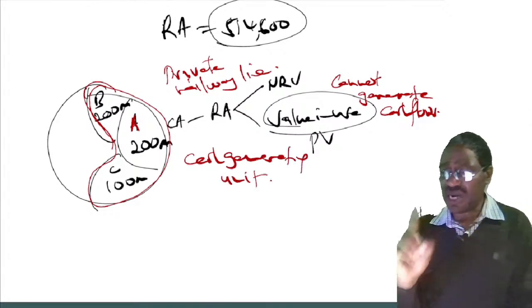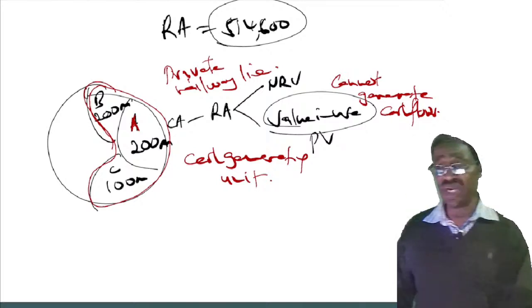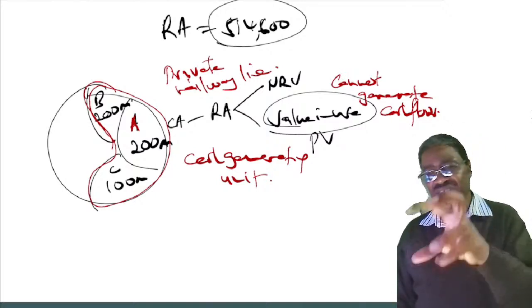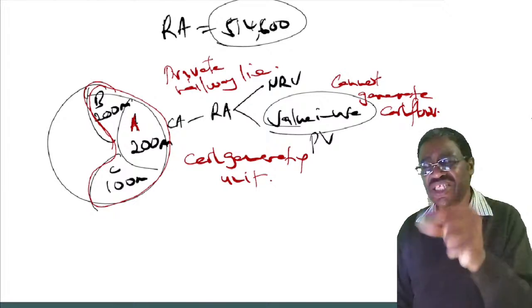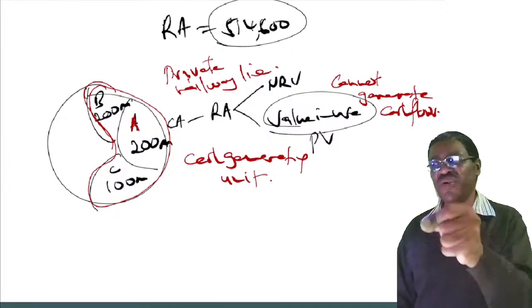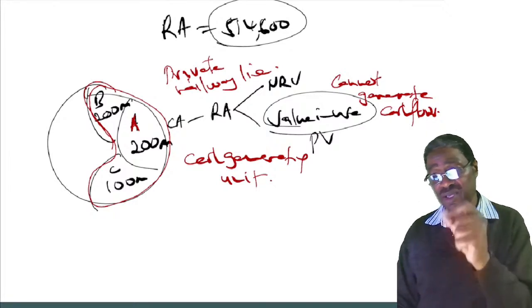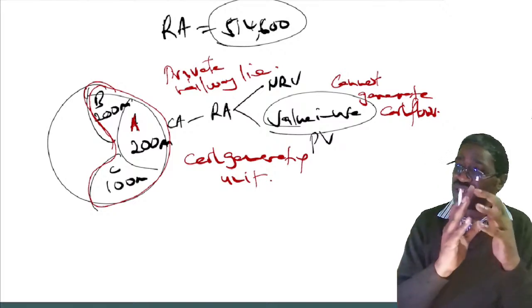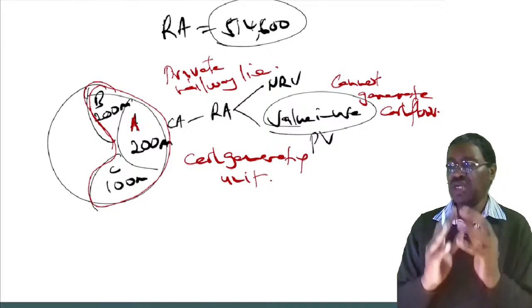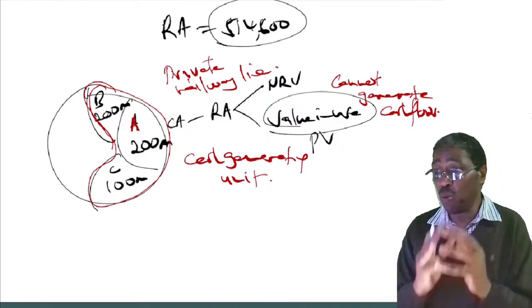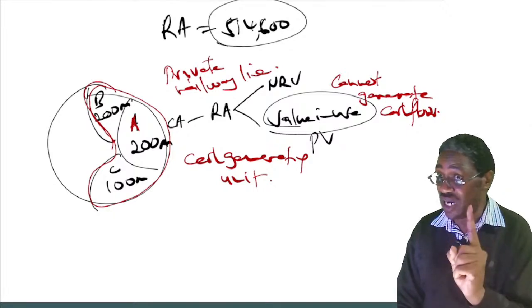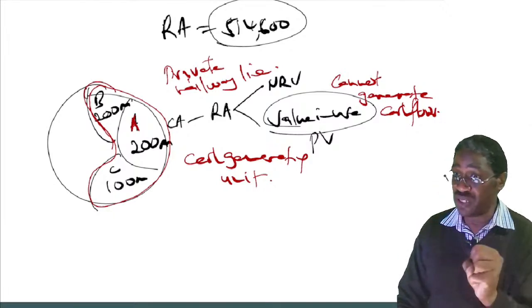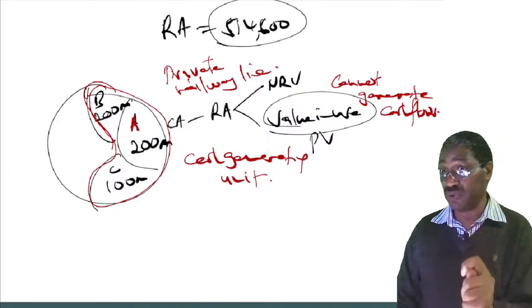So you as a company, like Magadi Soda Company, had to first identify your cash generating unit in which this railway line belongs. Look for the smallest group of assets where if you put asset A in there, then as a group of assets, they can generate cash flows.